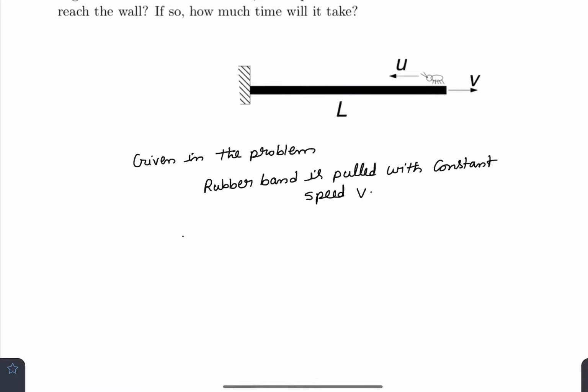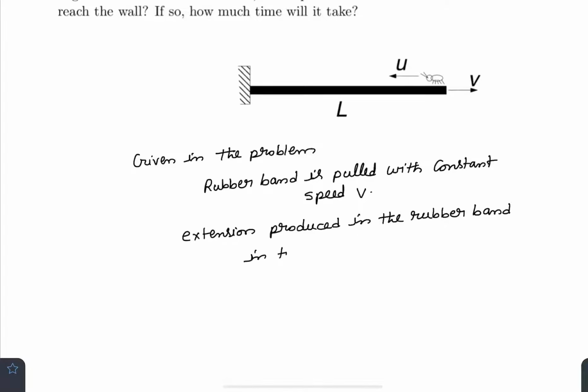So we can write the extension produced in the rubber band in time t is vt.